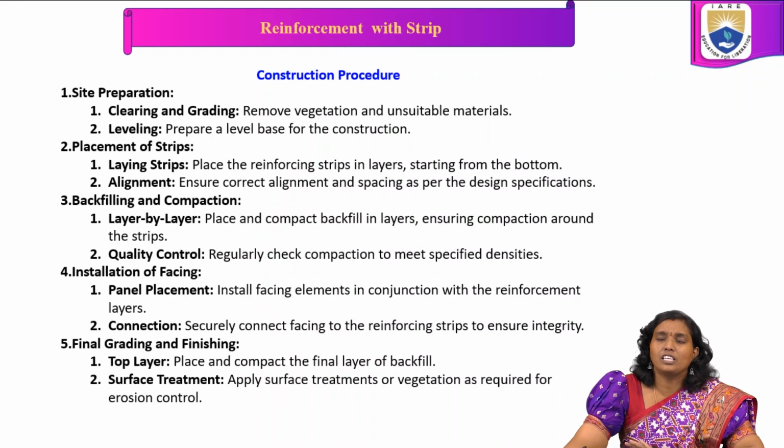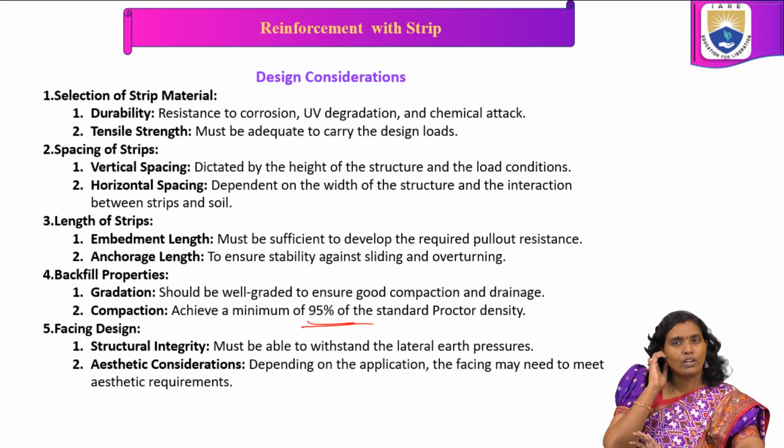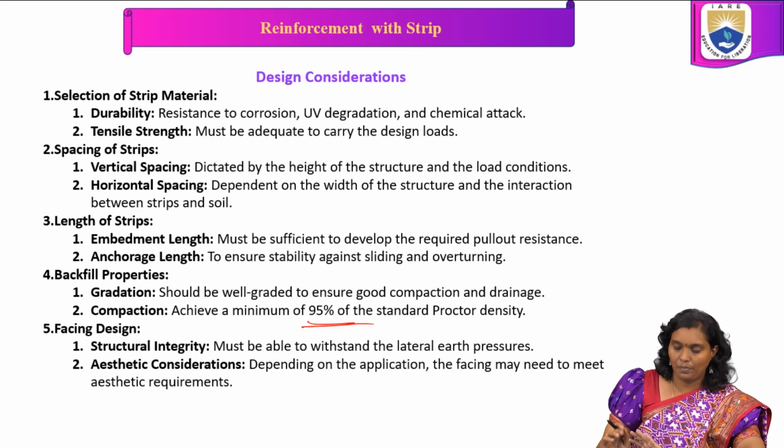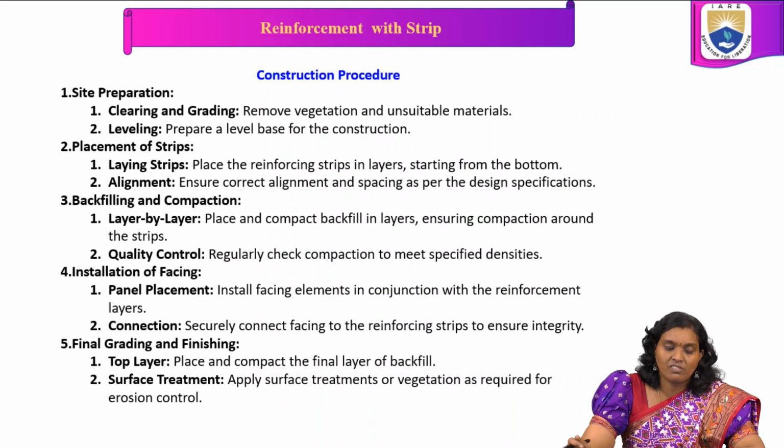What is the construction procedure for strip reinforcement? Once we consider all the design parameters, we design the strip reinforcement. The construction procedure is site preparation, placing of strips, backfilling and compaction, installation of facing, and final grading and finishing.